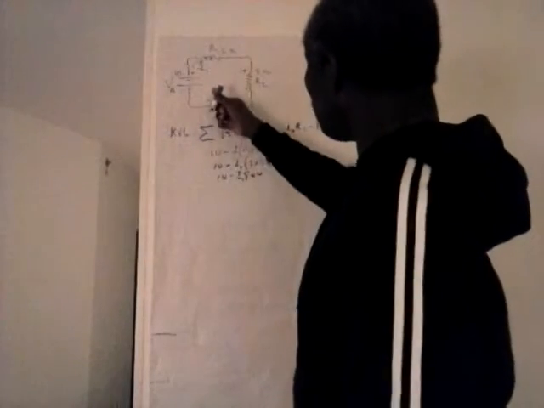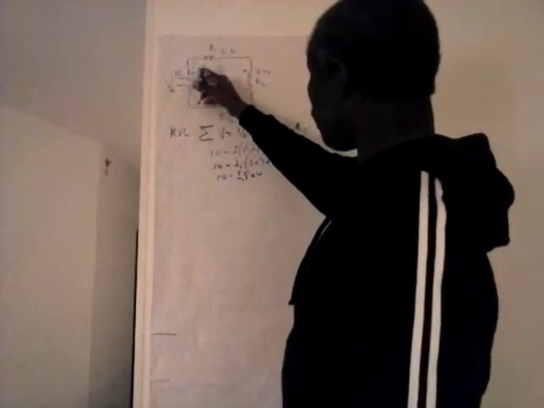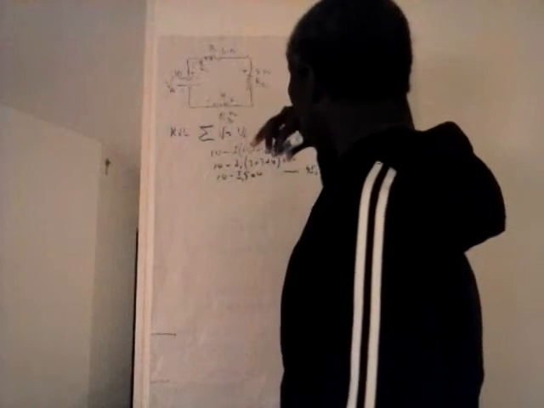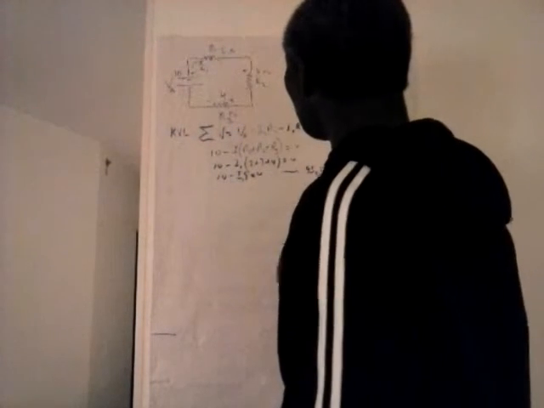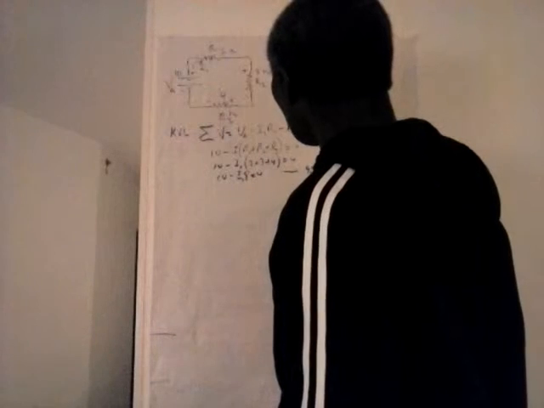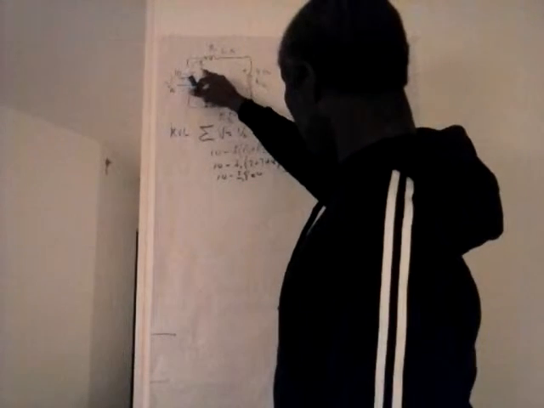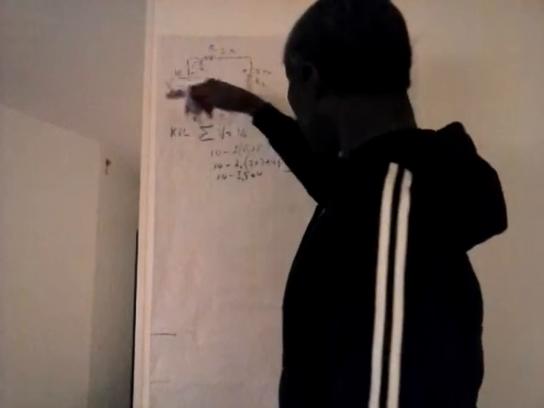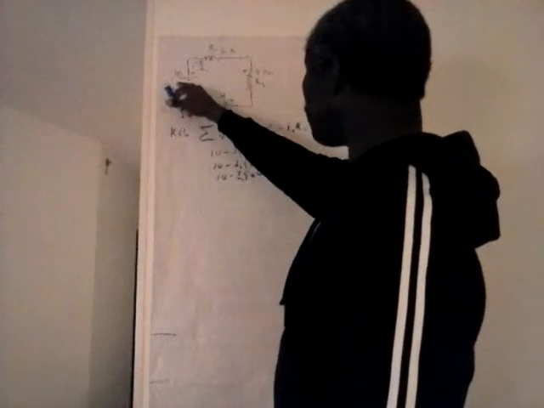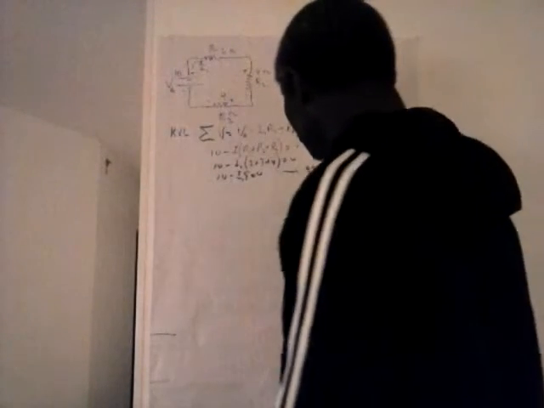Or vice versa, we could assign a value for the resistance and a value for the current and find the voltage.